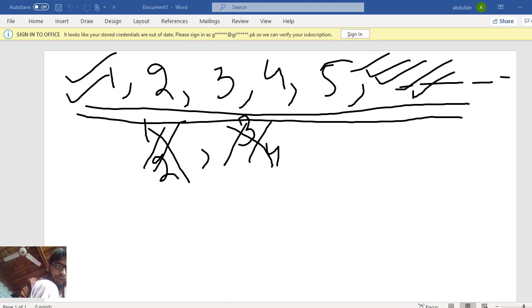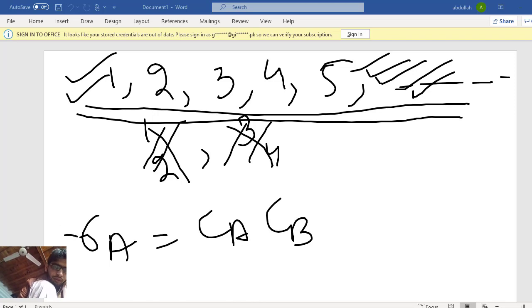And the order of reaction is the power of concentration, like Ca, Cb. Suppose this is the rate law, this K is the rate constant, suppose this is 2, 1. So this power of concentration is the order.